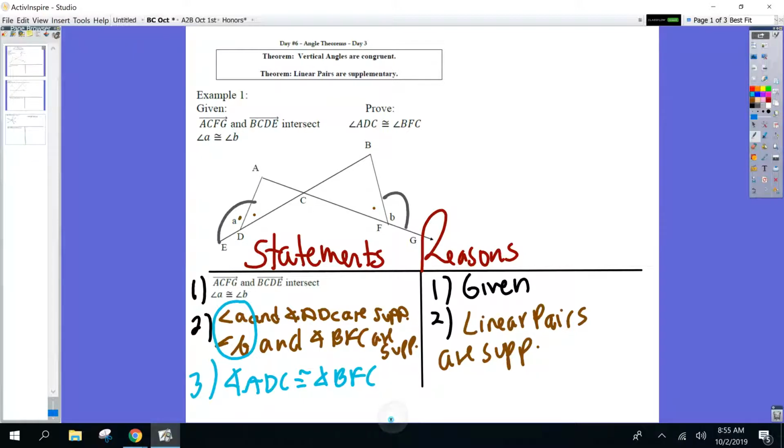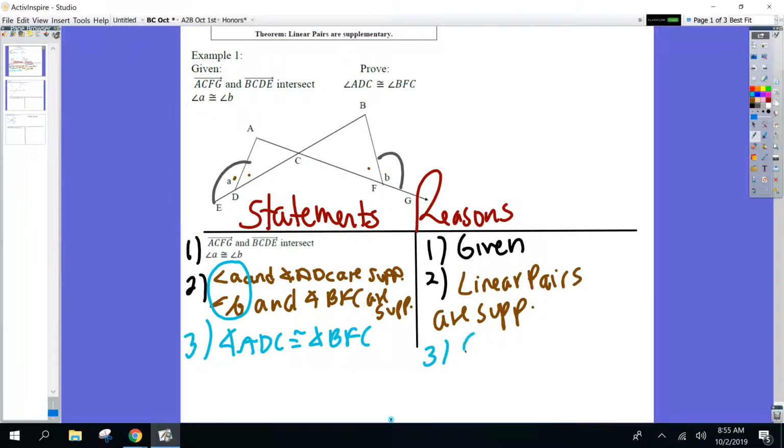This is one of our new facts from yesterday: supplements of congruent angles are congruent. And again, if you wanted subtraction on here, you could. Anything you want to ask? All right, let's keep grinding.